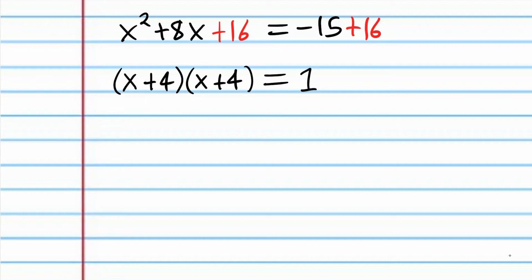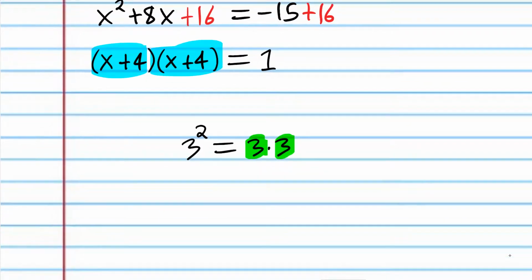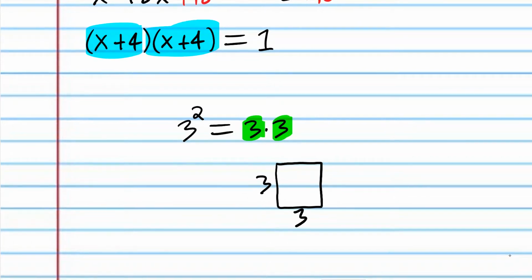They're the same factors. Now, if you take, for example, a random number, 3, and you square it, it's called a square because you're multiplying 3 by itself, just like you're multiplying x plus 4 by itself. Remember, if you have a square with side lengths 3 and 3, and you multiply those two, you find the area of the square.